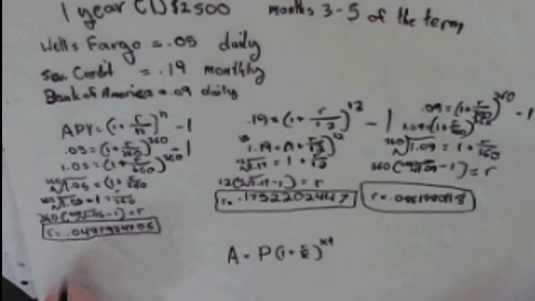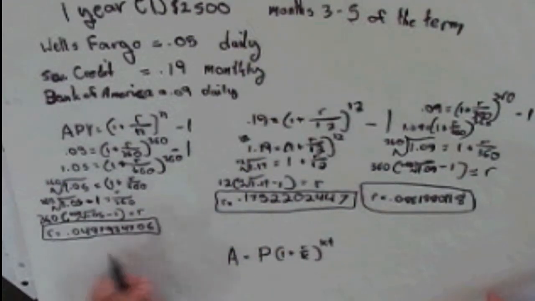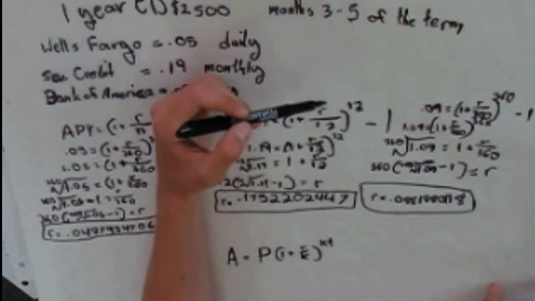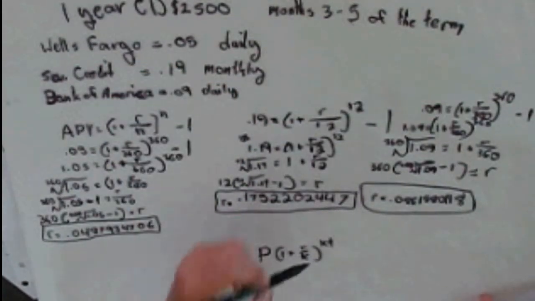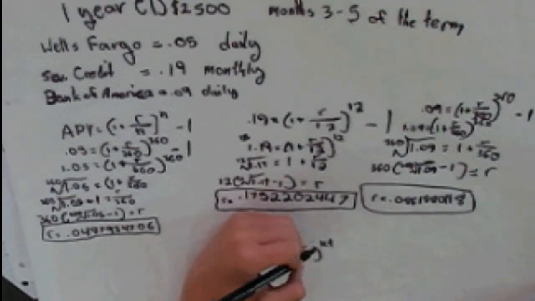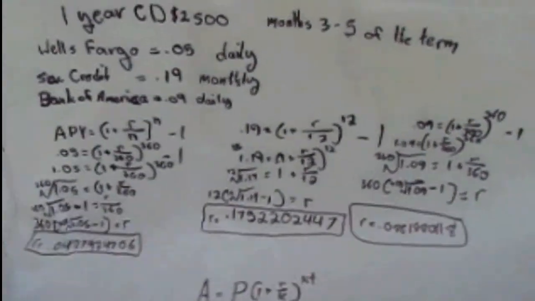And P is for the principal, which is the initial value, the amount of money that you start with in the account, the $2,500. And T will be the time in years. So for 3 months, it's going to be 3/12 of a year. So it's going to be whatever the compounding K is, multiplied by 3/12. And then we're going to do the same for 5.